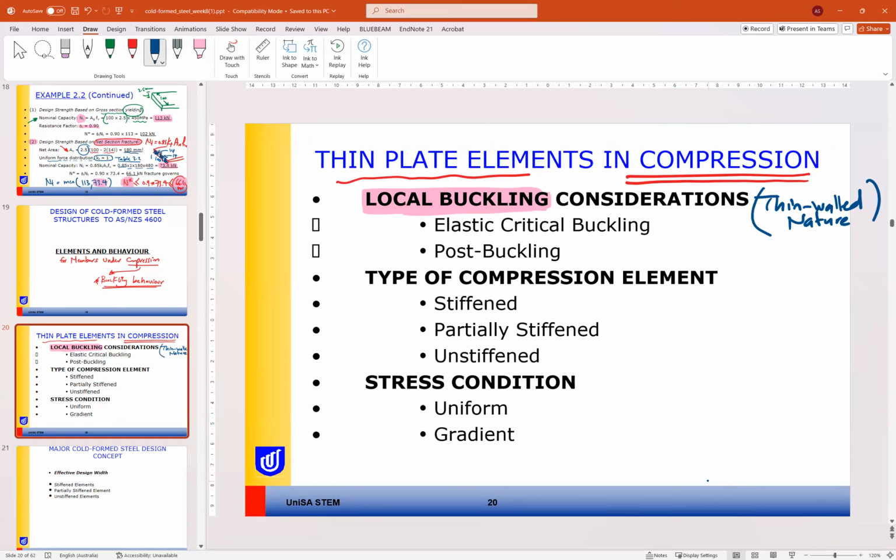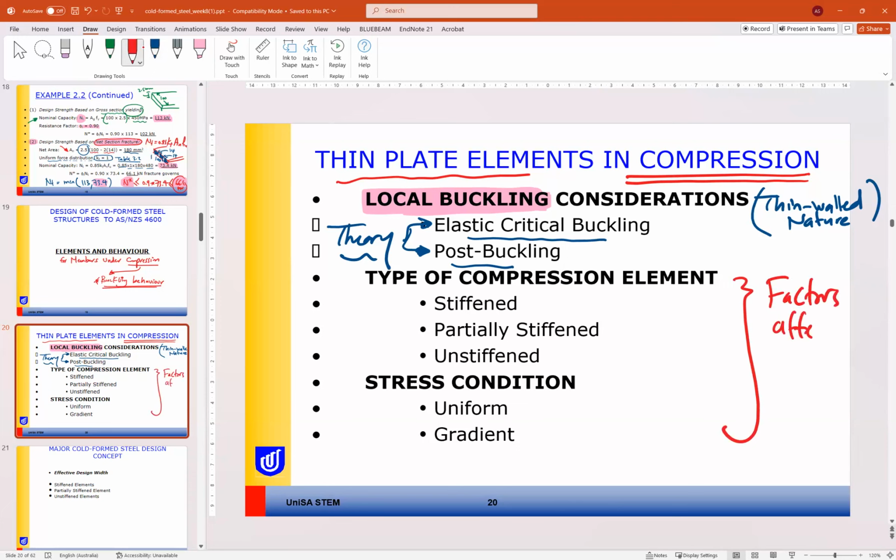Okay, so we have the theory for local buckling, two parts or two considerations, the elastic buckling and the post buckling behavior. So this is the theory for buckling, and then the factors that affect the buckling behavior are those ones. So what affects the buckling behavior of any plate?